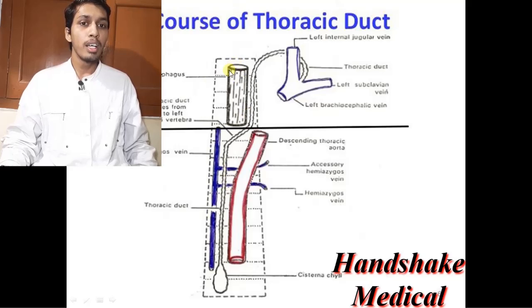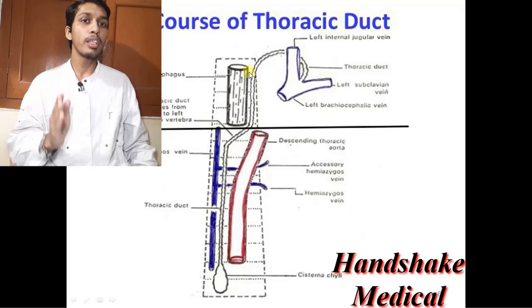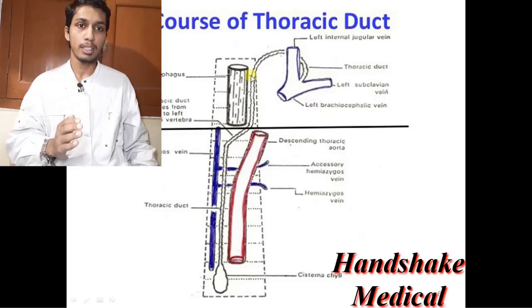This one will be the right border of the oesophagus, this one the left border. So another important landmark is that the thoracic duct in the superior mediastinum is along the left border or left edge of the oesophagus.